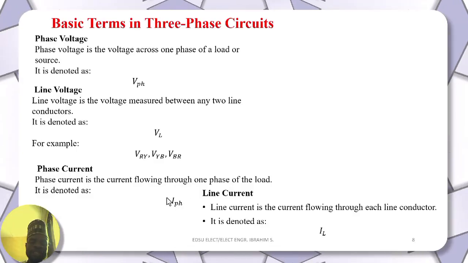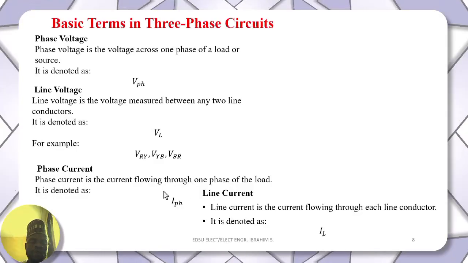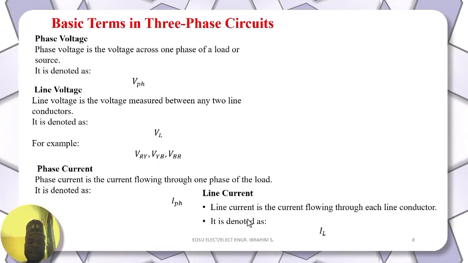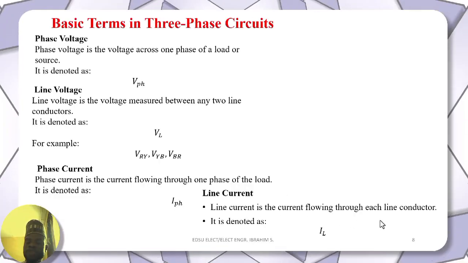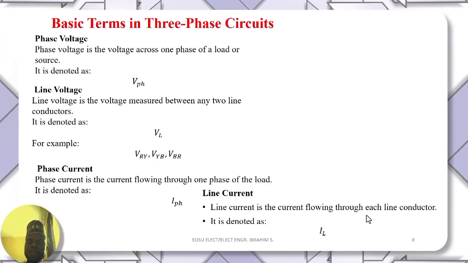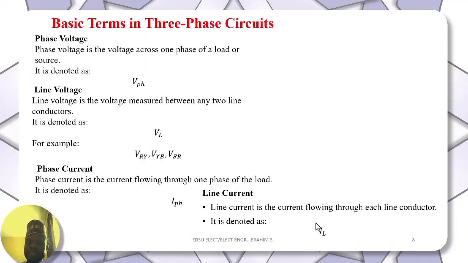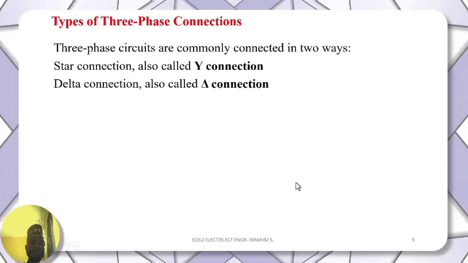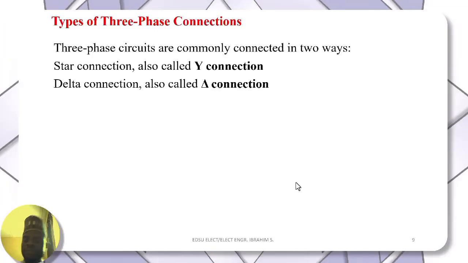So phase current is the current flowing through one phase of the load, while the line current is the current flowing through each line conductor, and is denoted by this for the line current and this for the phase current.